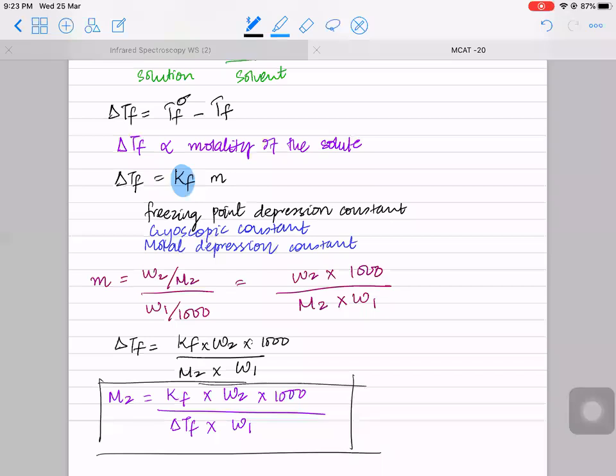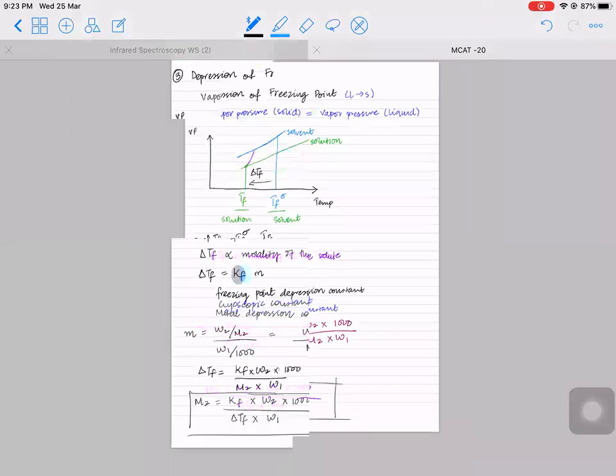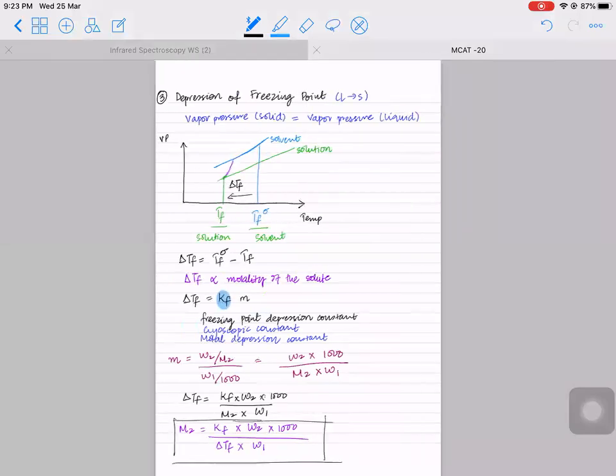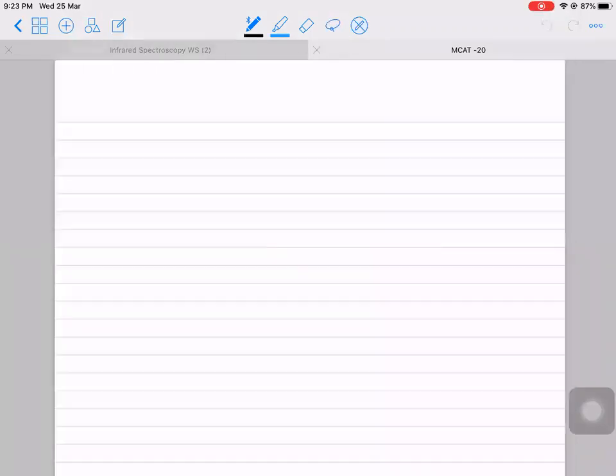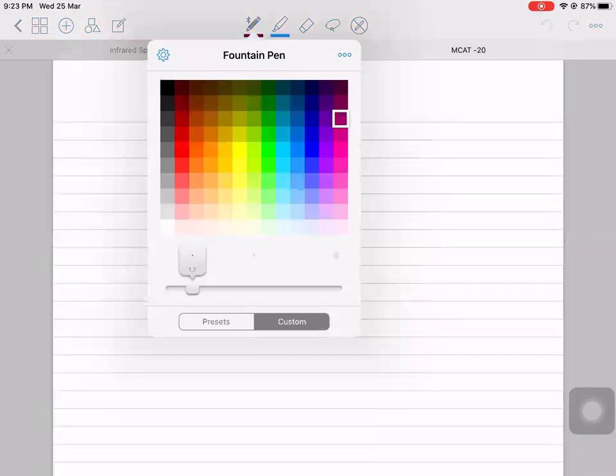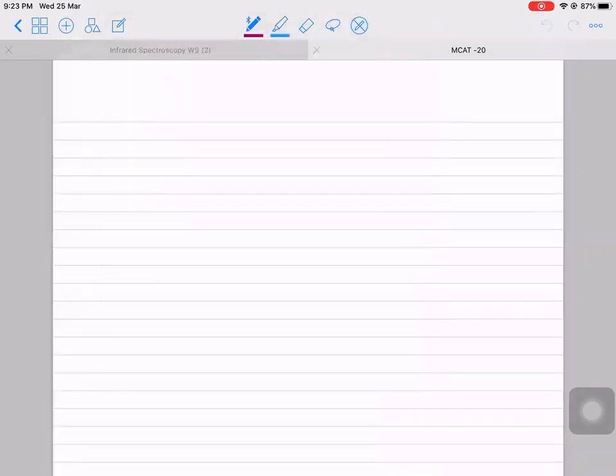Now, the Kf and the Kb that you're using in these equations, how do you find the values of Kf and Kb? I'm just going to tell you the formula. You won't be asked to calculate it, but just so you know what formula is used. Kf was the freezing point depression constant, and Kb was the boiling point elevation constant.